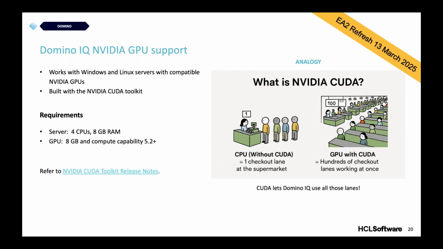For those of you who haven't seen Domino IQ before, this is the AI component of Domino, and AI needs parallel processing quite a bit. So it's required to have special GPU hardware in your Domino server in order to support the parallel processing needed by Domino IQ. Early Access 2 Refresh introduces special support for NVIDIA GPUs.